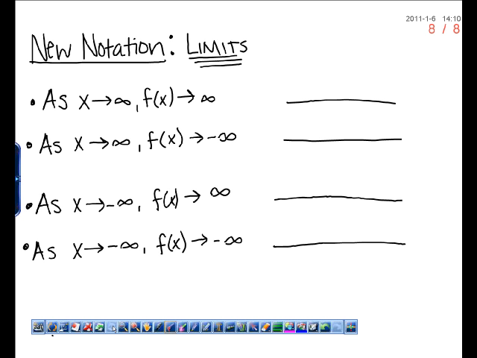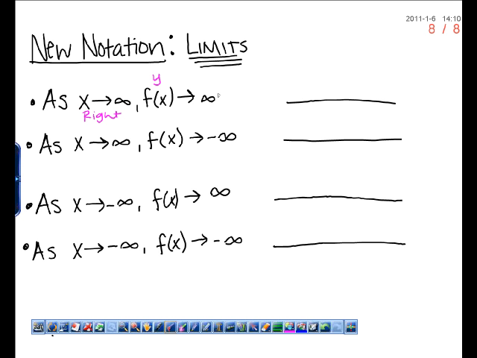All right, so as x approaches infinity, or as x goes to infinity, that's what this arrow means, which means am I looking to the right or to the left? To the right, because my x is getting bigger. So as I look to the right, f of x, which is the same as y, is approaching infinity.